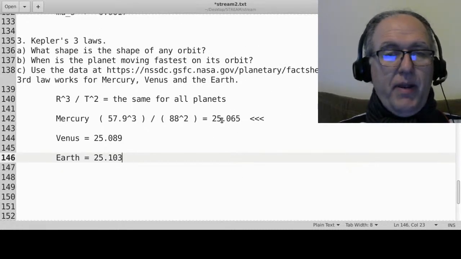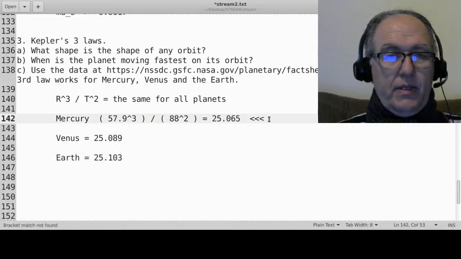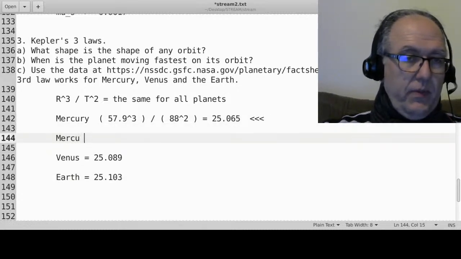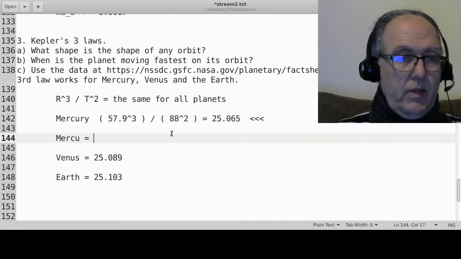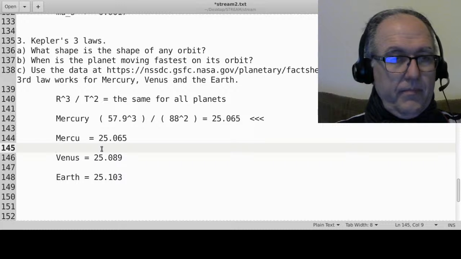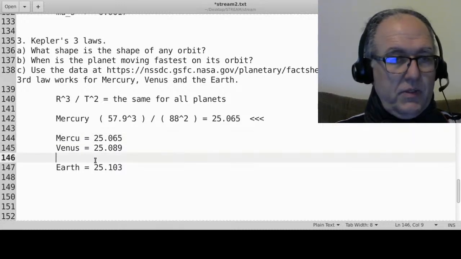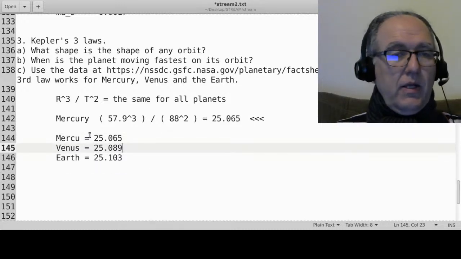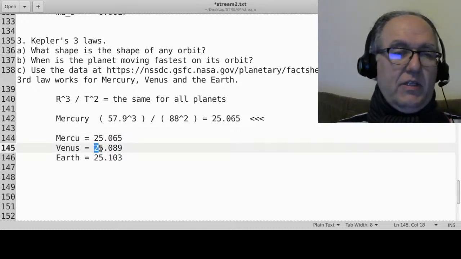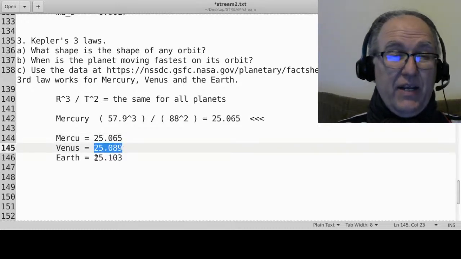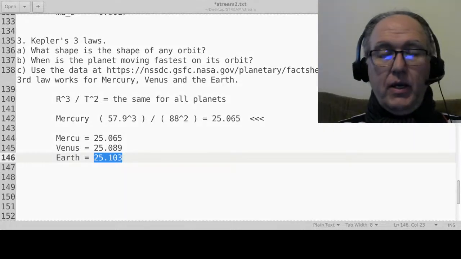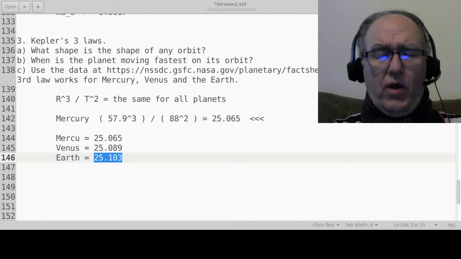So if you compare these three numbers, and let's put them on the same line here, they're pretty close, aren't they? Mercury is 25.065, Venus is 25.089, Earth is 25.103, and so on.